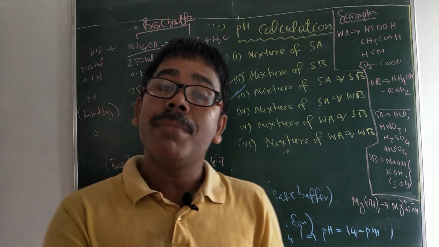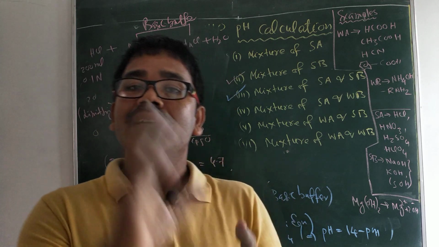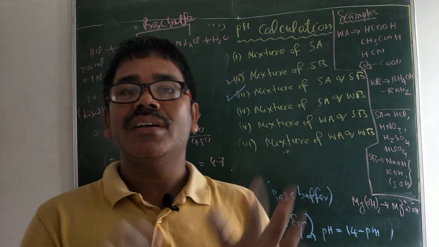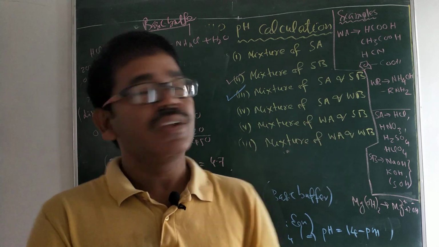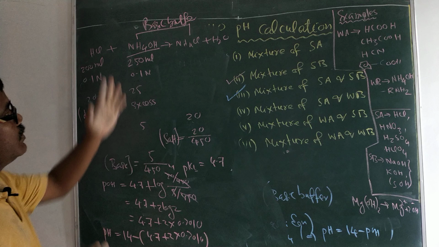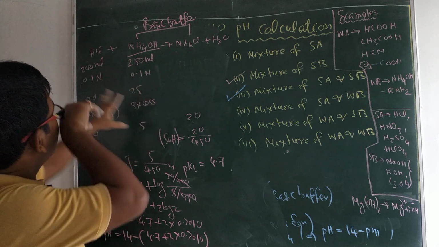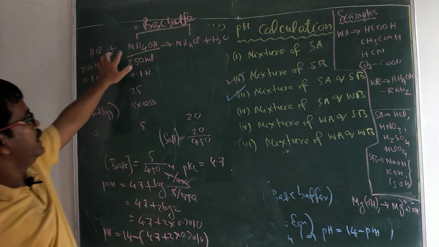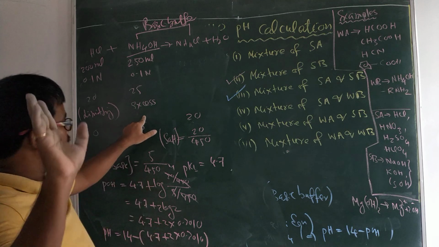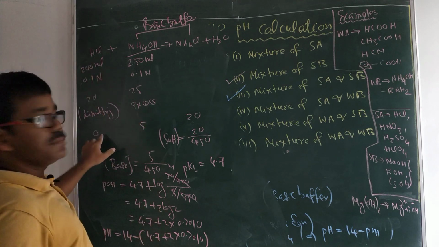In this case, as the base is weak, it will form a basic buffer. The acid will react with the base and form salt plus water. The acid is the limiting reagent, and the base is the excess reagent. After reaction, the limiting reagent becomes 0.